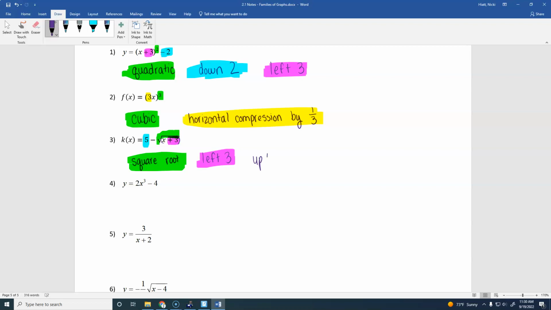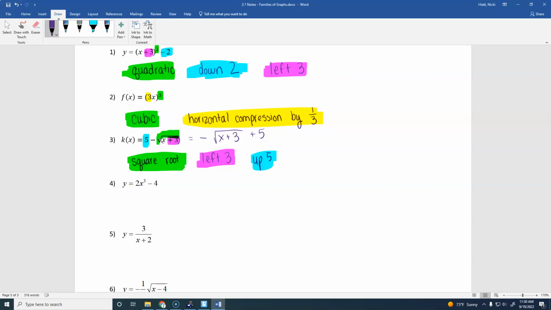That's perfect. It's a little bit confusing because it's sort of in the wrong place. But it would be okay to write it this way, negative square root of x plus 3, and put that plus 5 over there on the end. That would be equivalent, and would look a little more like what we're used to seeing. So it is going to be up 5.